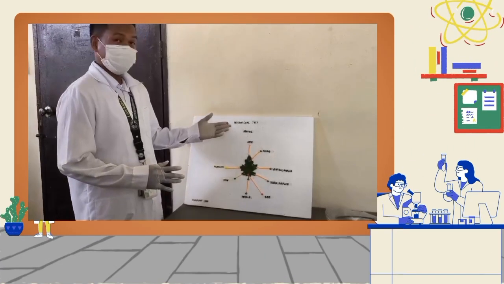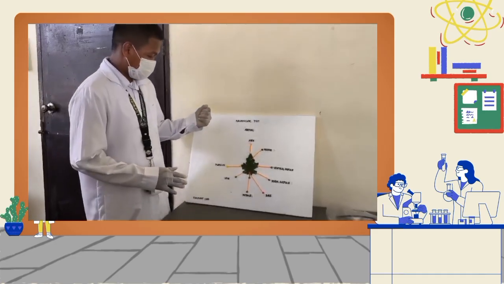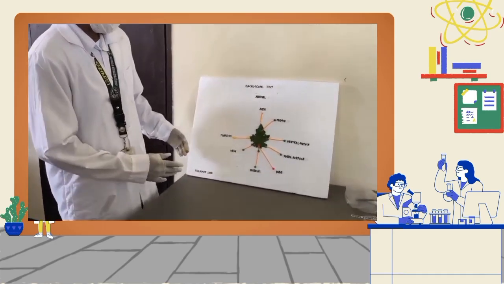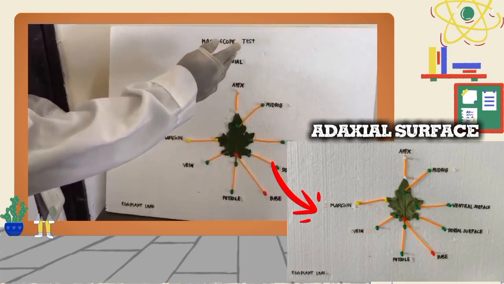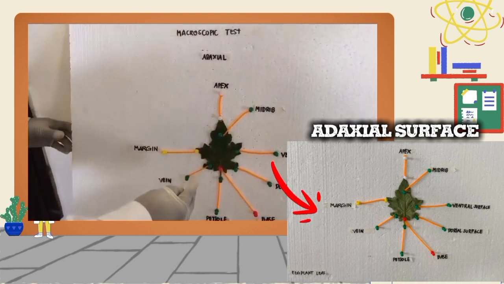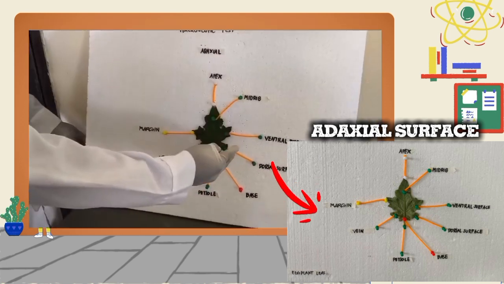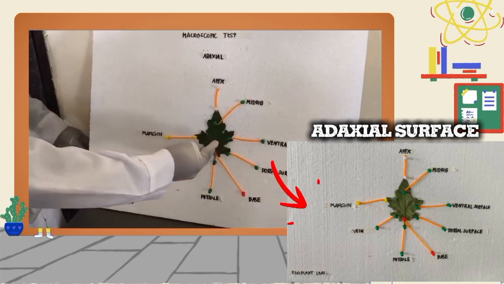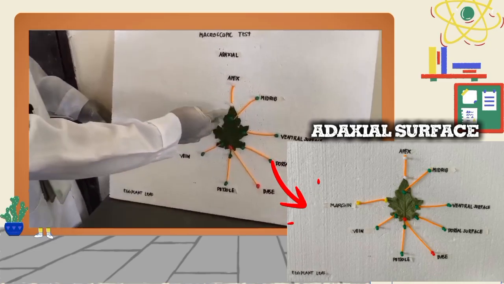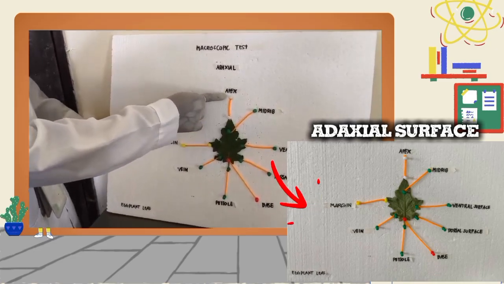We have here the last specimen that we have. We have the eggplant leaf, the adaxial part. We have the different parts of this specimen. We have the upper portion, the apex.